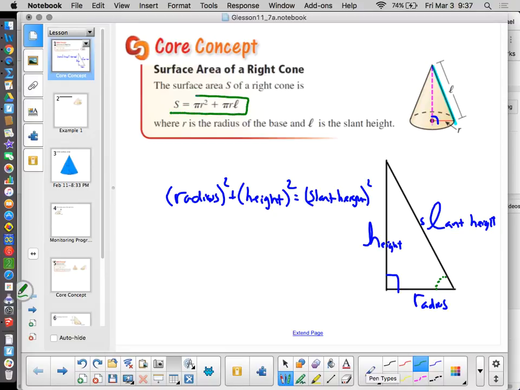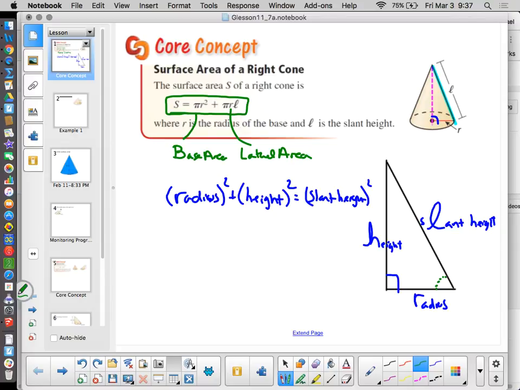The surface area, I shouldn't probably skip this. The surface area, this is basically the base area. And this pi r l is what we call the lateral area. Pi times the radius times the slant height. Yeah, that's the lateral area.